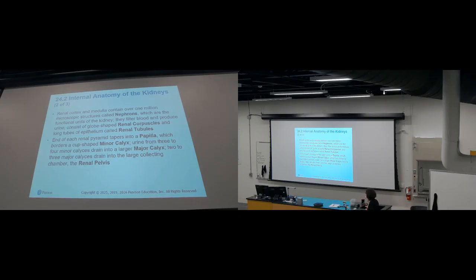The pyramid tapers into the papilla, which is where we collect the urine initially, and then this papilla is draining the urine into minor calyces or minor calyx. Each of these minor calyces collects the urine initially, and then they fuse or anastomose, forming the major calyces.